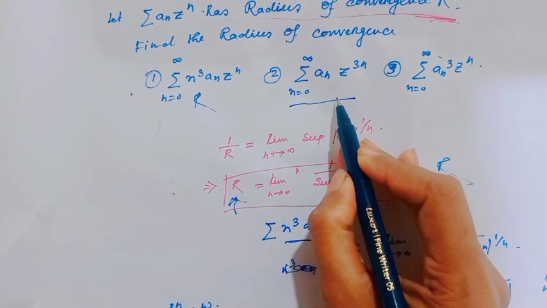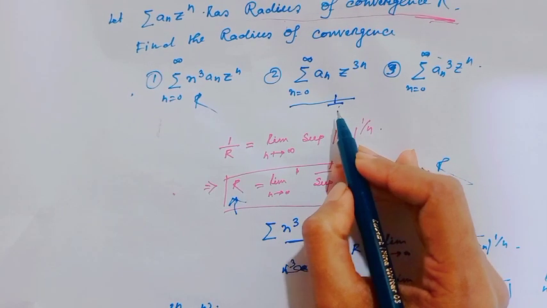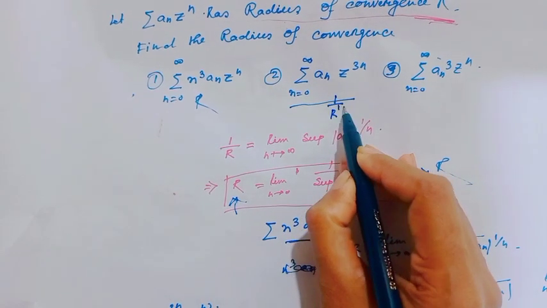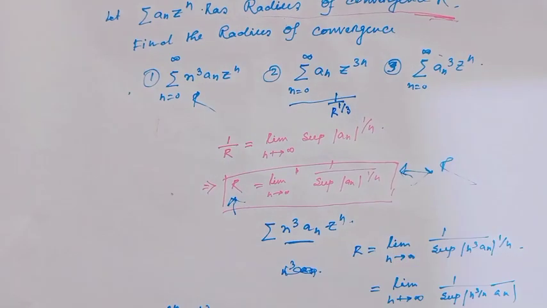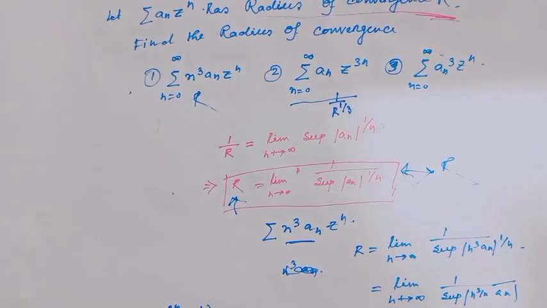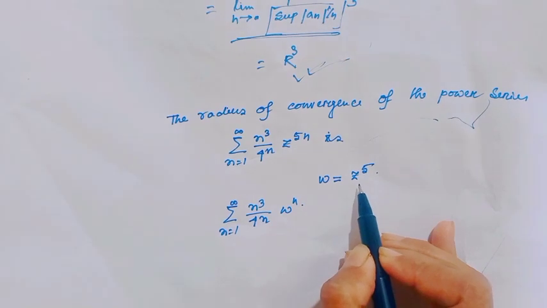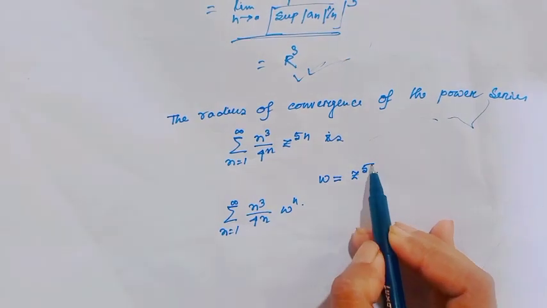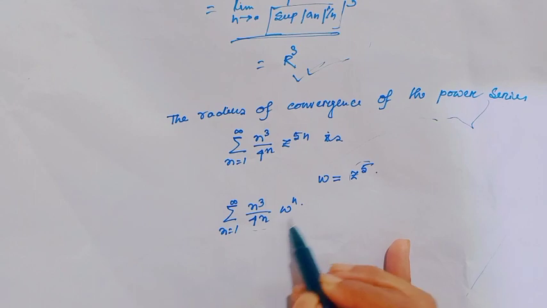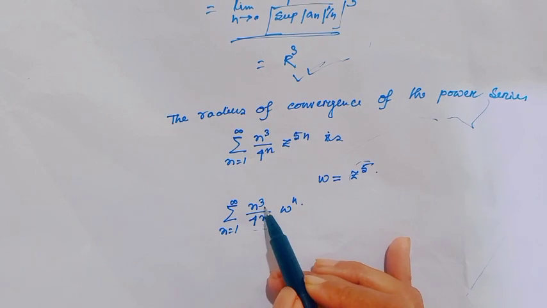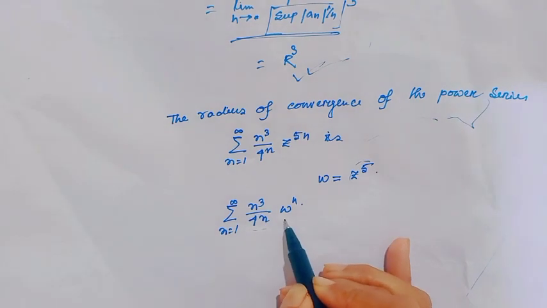We all know the radius of convergence of this type of power series is 1 over r to the power 1/3. Okay. So, at first consider w equal to z to the power 5. Then the power series reduces to n cube over 4 to the power n w to the power n.